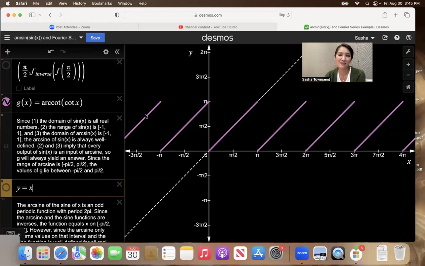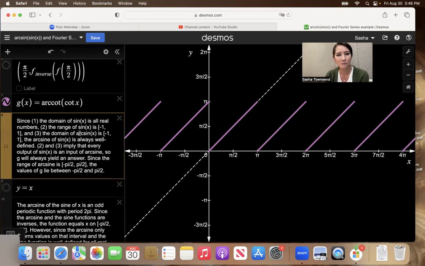And it actually gives you this function everywhere the original function is continuous, and it gives us the average value of the limit from the left and the limit from the right at each jump discontinuity. That's what this series converges to. So I think that's pretty cool.